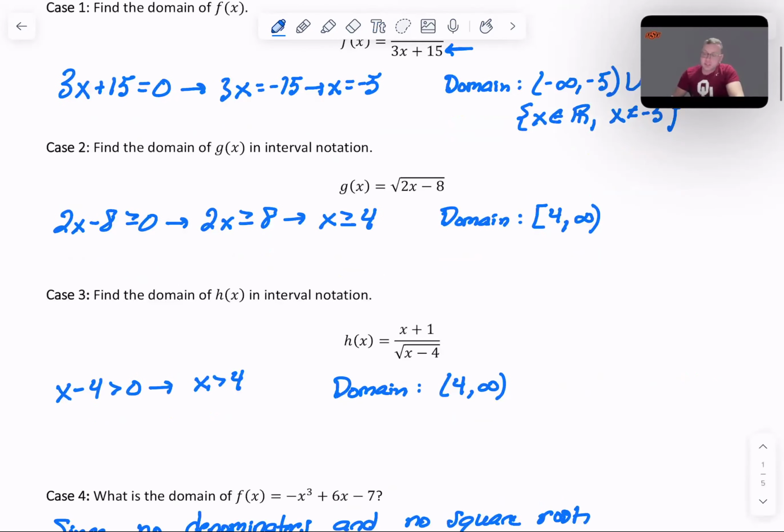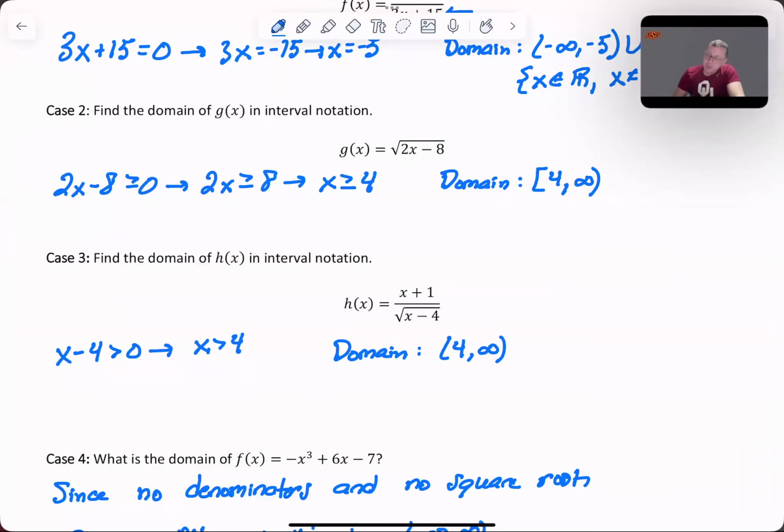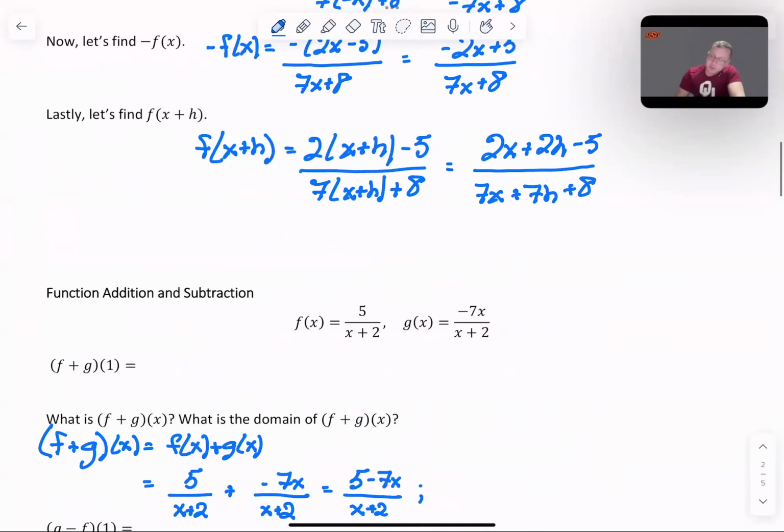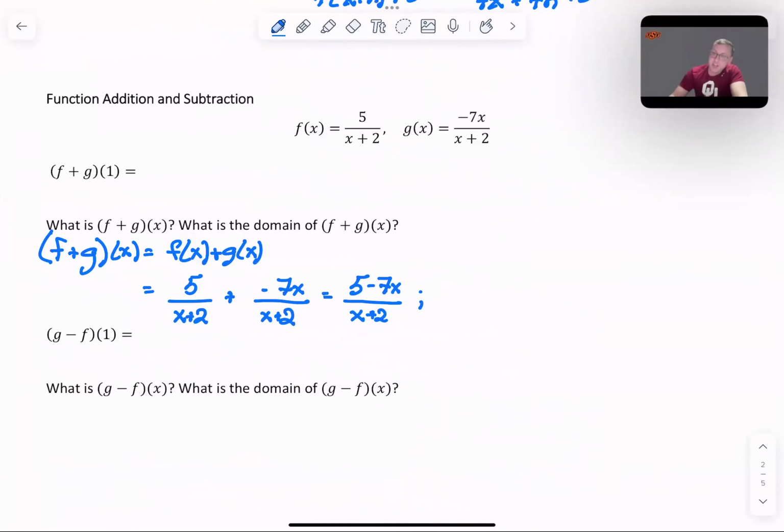So if I want to evaluate when this equals 0, all I'm going to do is say, what's the denominator? The denominator is x plus 2. And x plus 2 equals 0 when x equals minus 2, right? So what I want to do is just exclude that point, minus 2, from the domain of the function.